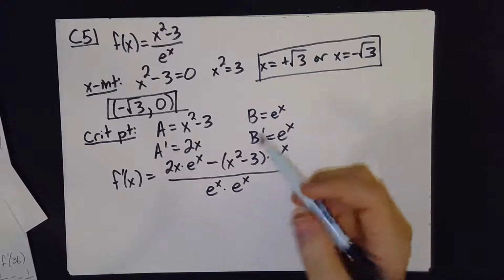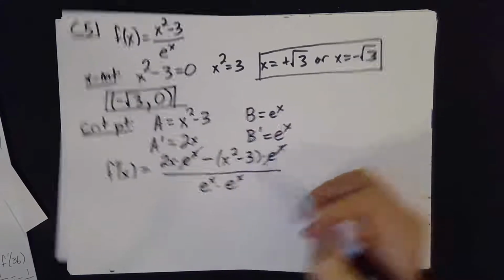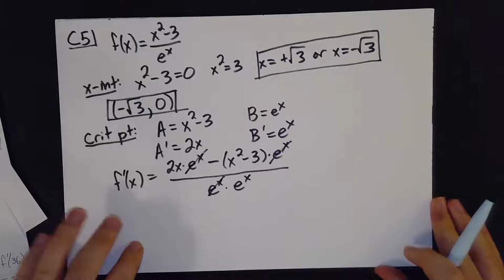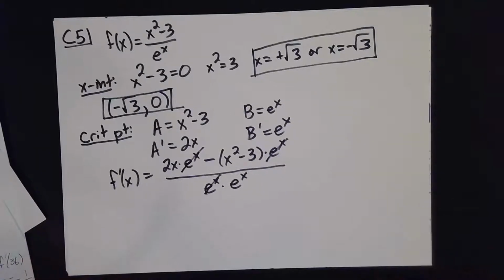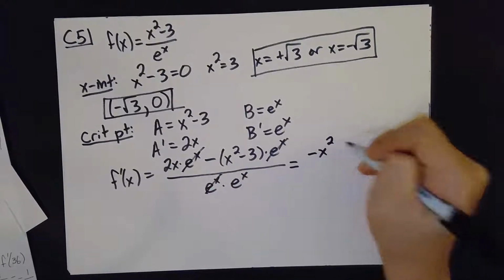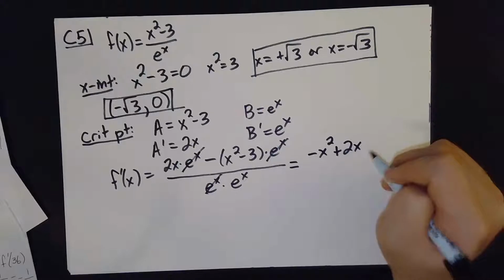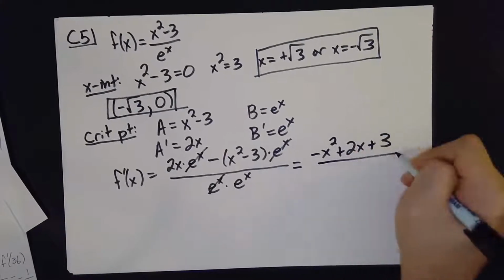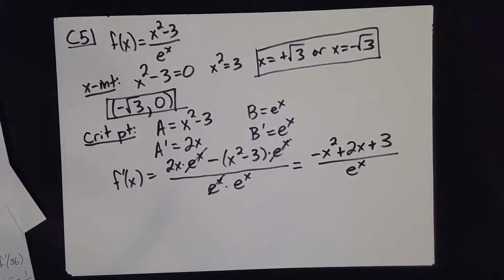Exactly as in the previous example, there's an e to the x in every term in the numerator, so I can cancel them. And so this is going to work out to be minus x squared plus 2x plus 3 over e to the x.